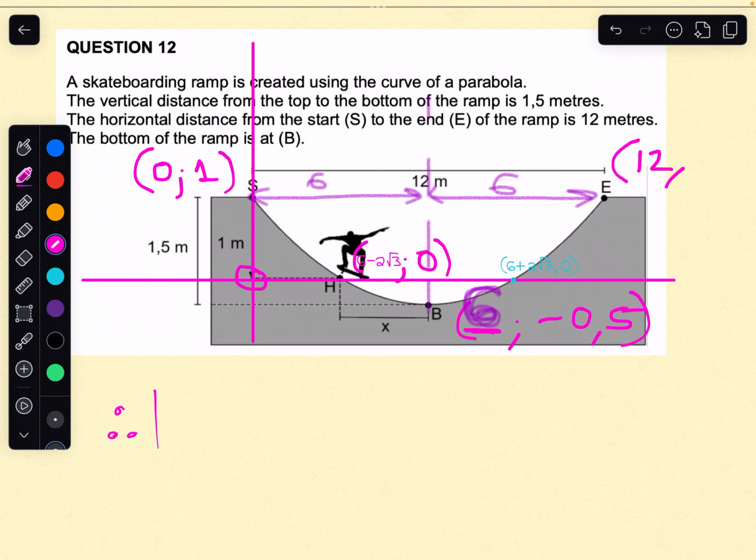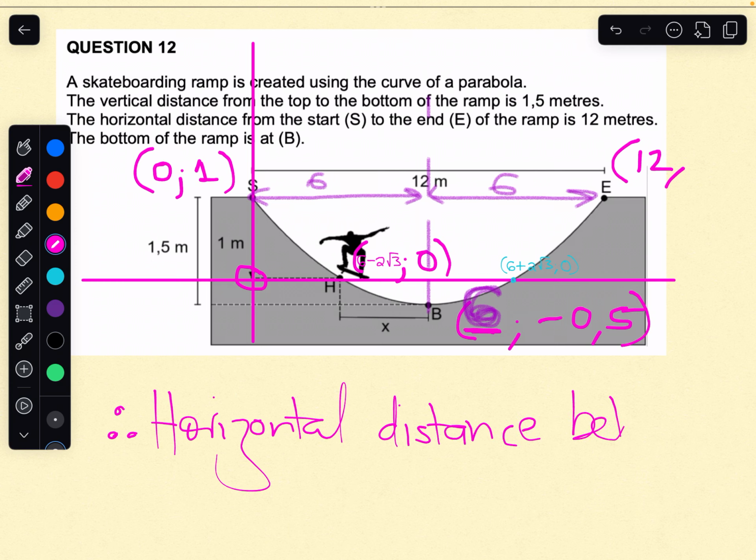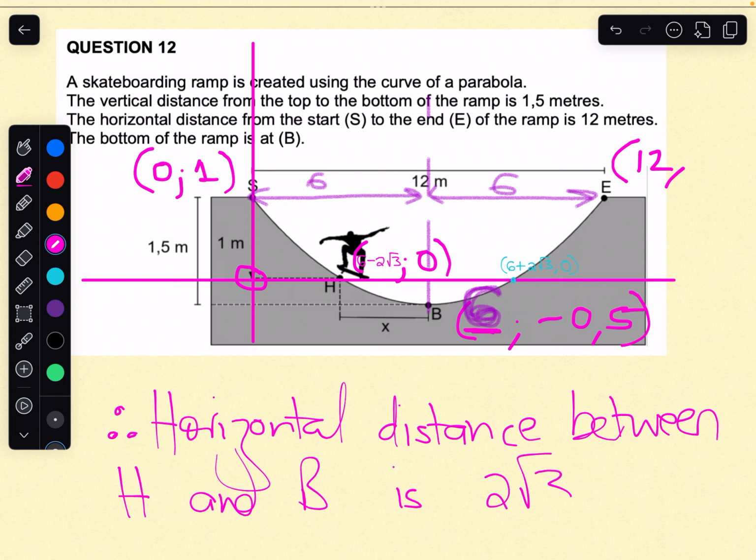So the horizontal distance between H and B is 2 root 3 units.